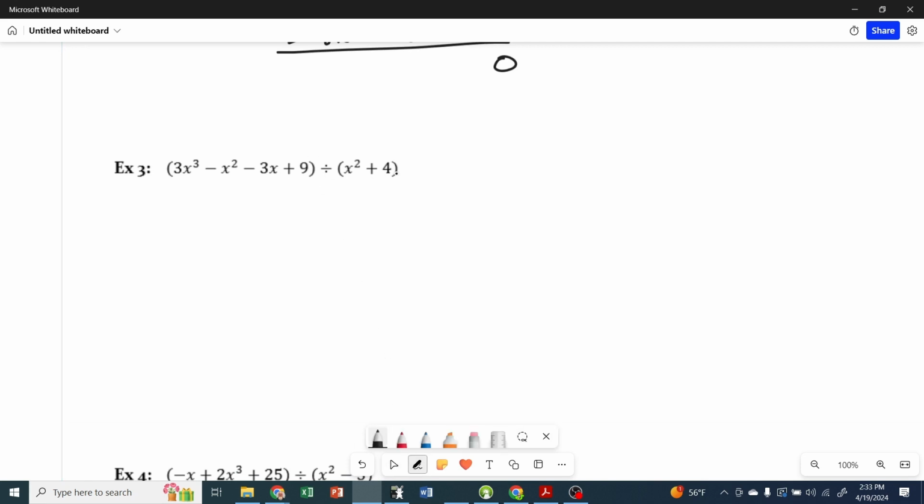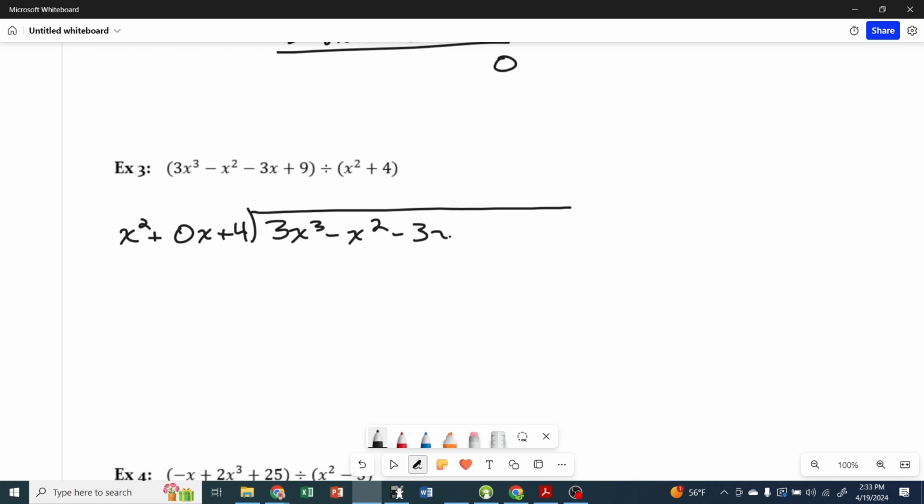Okay, so we're going to have a placeholder in this next problem because I have x squared plus 0x plus 4. So this is x squared plus 0x plus 4. And now we're going to have 3x cubed minus x squared minus 3x plus 9.